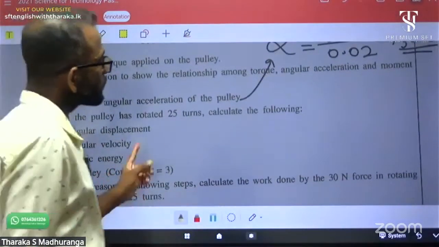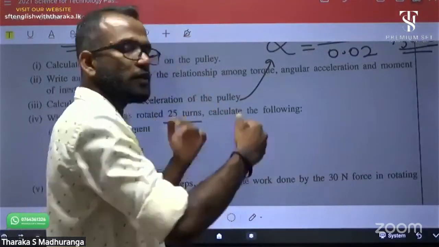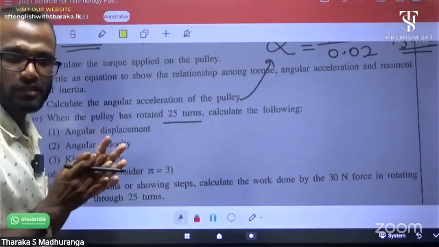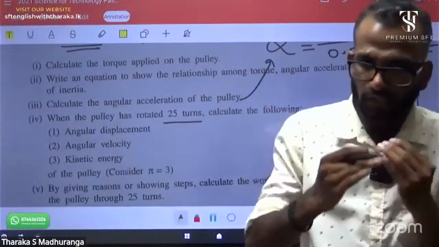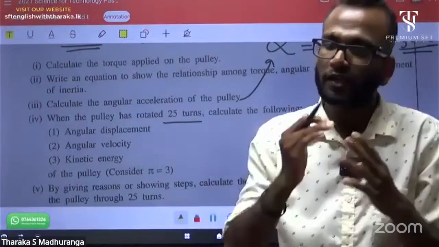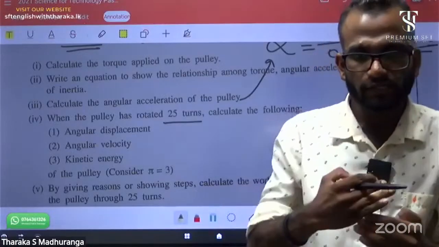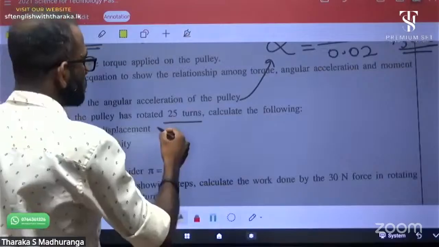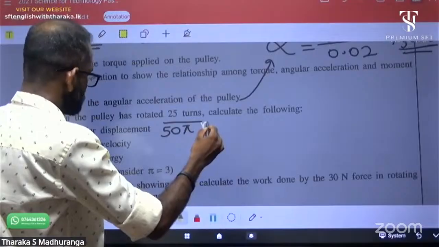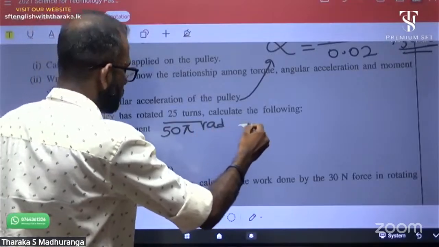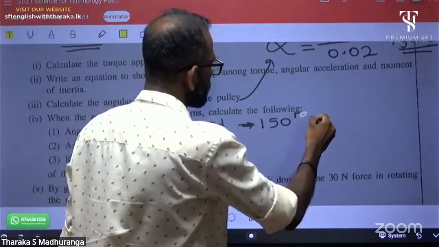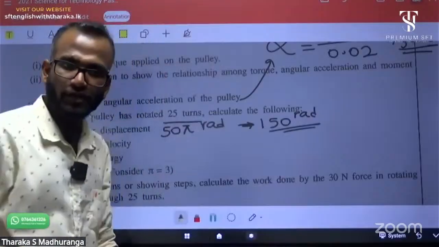When the pulley has rotated 25 turns, calculate the following. The angular displacement for 25 revolutions: you already know that any object in one revolution turns 360 degrees, which means 2 pi radians. So 25 turns means 25 times 2 pi, which is 50 pi rad. With pi equal to 3, it is 150 rad.